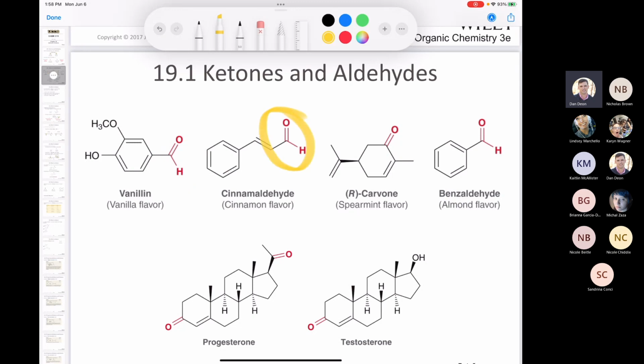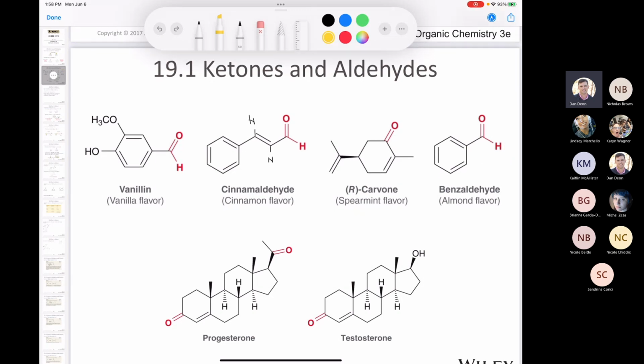You can see that there's an aldehyde in here. You also see that we have a trans alkene, so trans-cinnamaldehyde. And the next one is R-carvone. There's R and S carvone. S-carvone has the odor of caraway seeds, but if you like the odor of spearmint, like spearmint gum, that's R-carvone, a naturally occurring compound. And benzaldehyde has the odor of almonds. So if you like the odor of almonds, benzaldehyde has that.